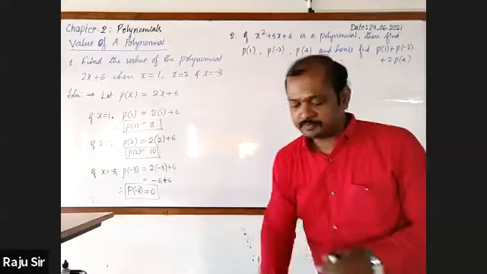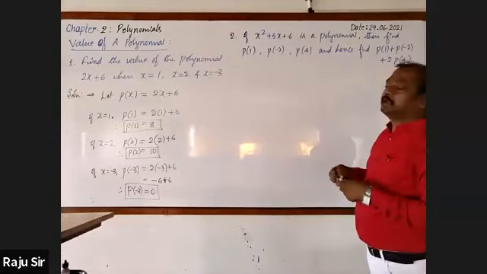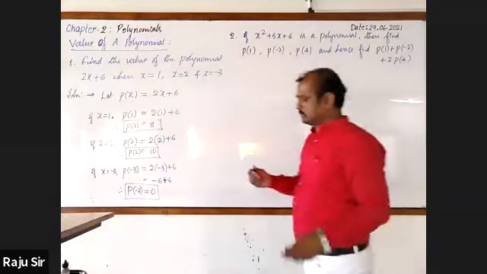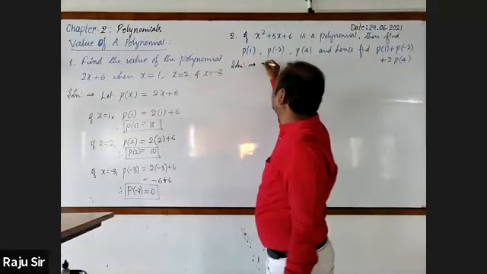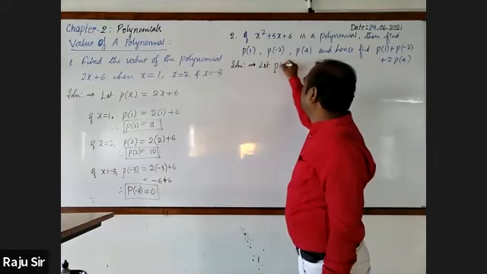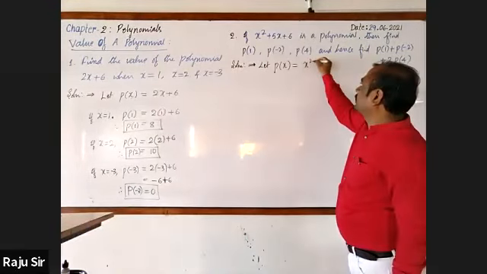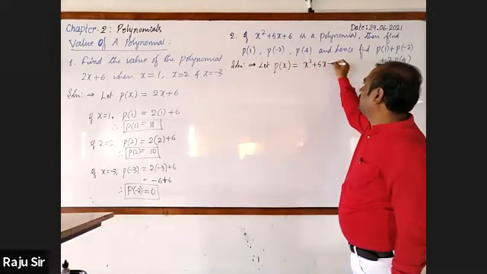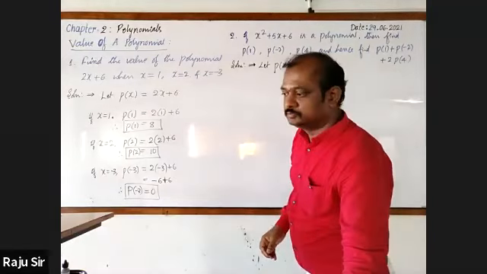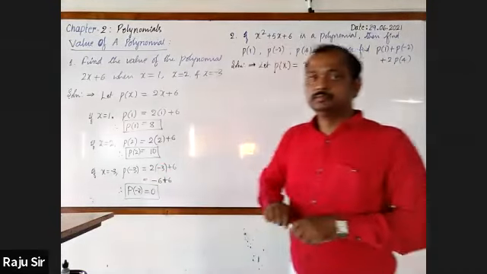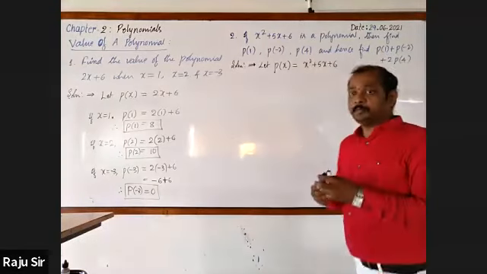Write with me. Let us assume the given polynomial as P of x. As it is in x, let me write this way. Let P of x is equal to x square plus 5x plus 6. Let's go for finding one by one.